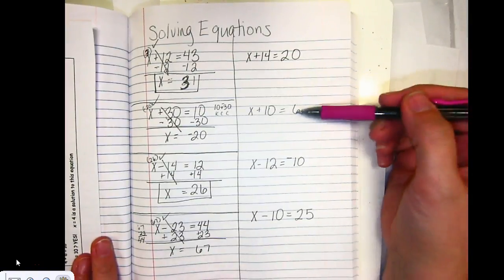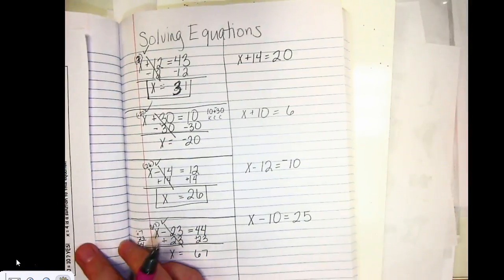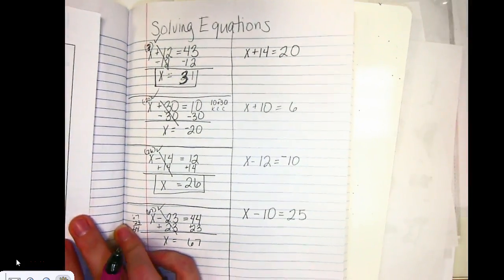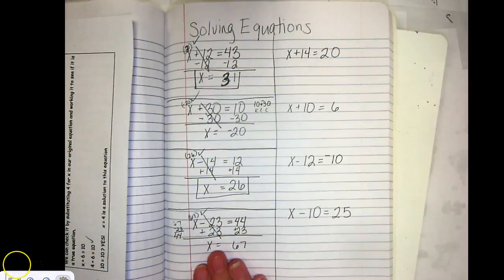Okay, so write those down, spread them out. Now pause the video, and when you come back, I will have the answers checking. But make sure you're slowing down. There's a couple of negatives in there.